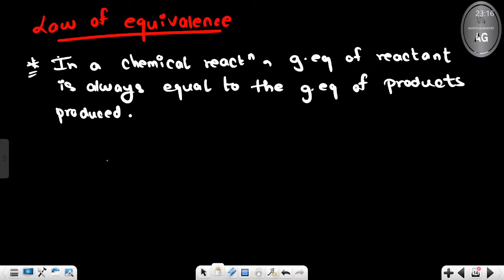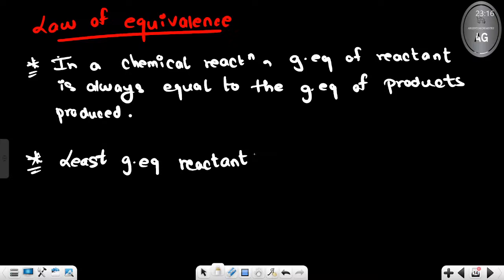Right. You remember one term was there, it's called limiting reagent. So what is limiting reagent? Limiting reagent is the reactant which has the least gram equivalent. You will calculate the gram equivalent of reactants.